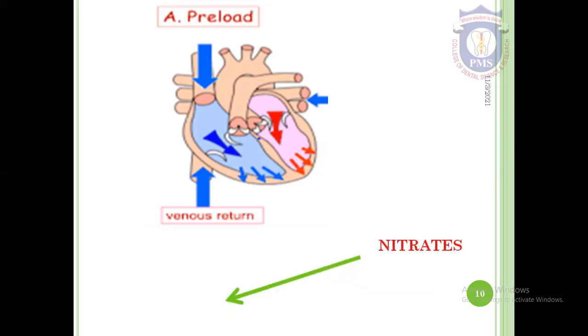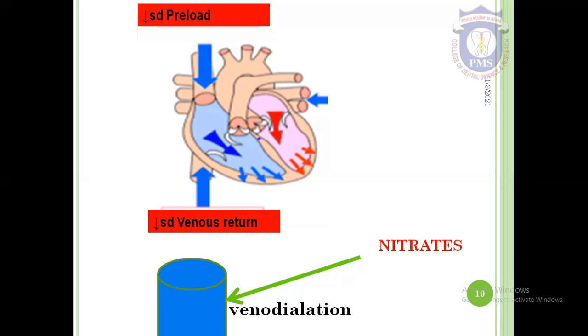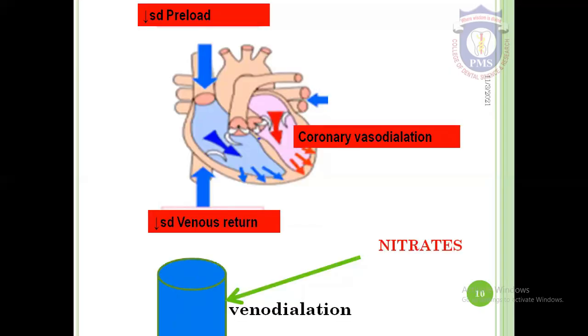Nitrates cause peripheral venodilation, thereby reducing the venous return. It will reduce the preload. Nitrates also cause coronary vasodilation, thereby improving the blood supply to the myocardium.